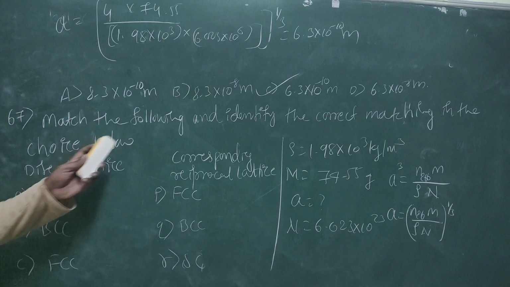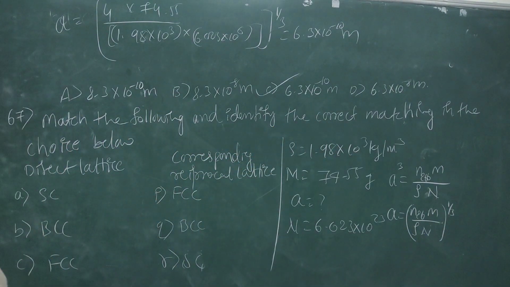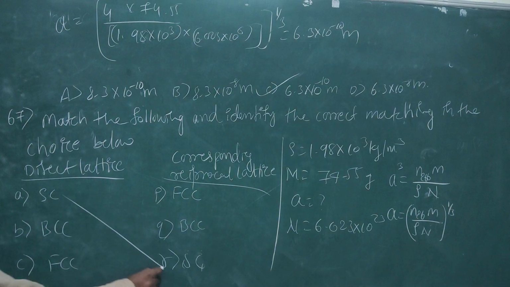And here, match the following and identify the correct matching in the choices below. So, here the direct lattice and reciprocal lattice are given. For simple cubic, the reciprocal lattice is simple cubic; for BCC, the reciprocal lattice is FCC; and for FCC, the reciprocal lattice is BCC.